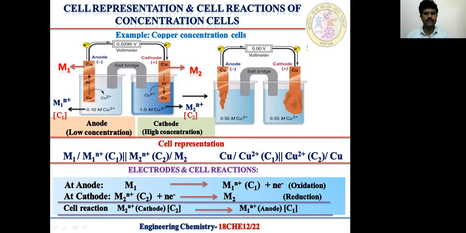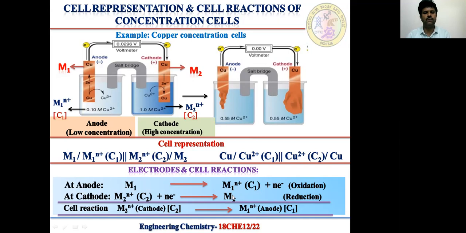So if I consider the copper concentration cell, at the cathode, Cu2+ ions in the solution of concentration C2 plus 2 electrons become Cu.